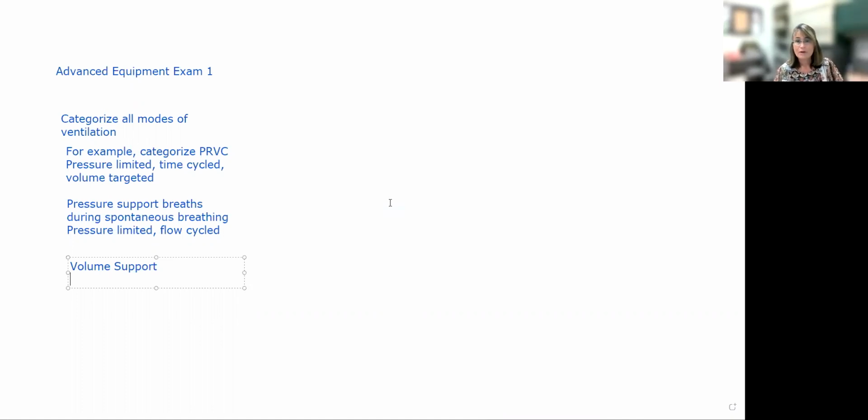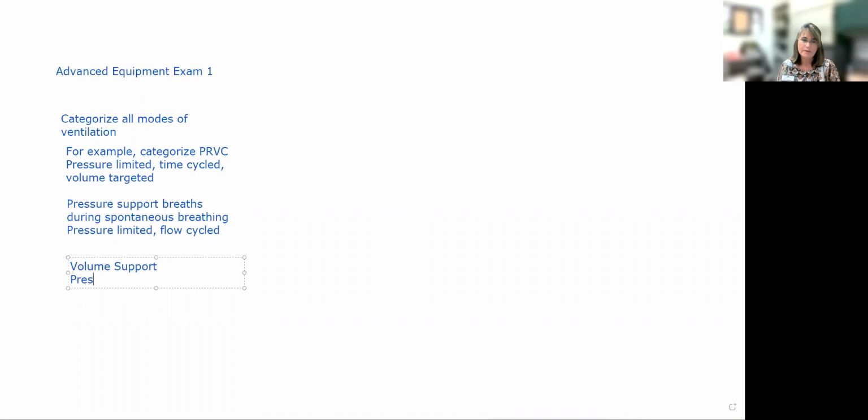So if 10 of pressure support is not enough to give a 400 ml tidal volume, then the ventilator will increase the amount of pressure support on the next breath. So just like PRVC, you're going to see your pressures fluctuating from one breath to the next, not during a breath, to target a tidal volume.